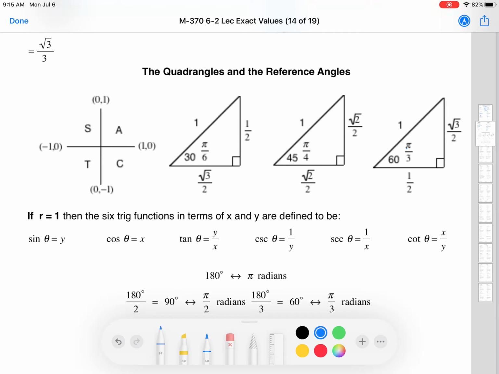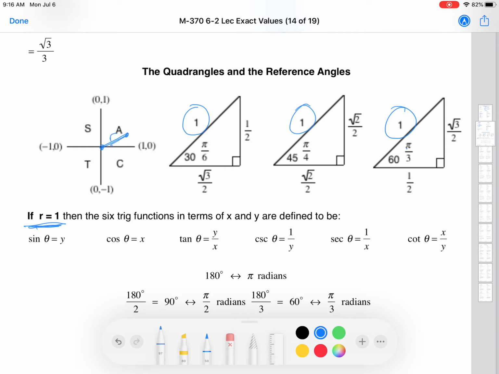So what he has in here, just to make sure you're aware of it, is a very specific number for the hypotenuse, number 1. And because of that, we can say that r is equal to 1, so r is the distance always from the center all the way out, right? R is from the origin out to the terminal point along an angle.